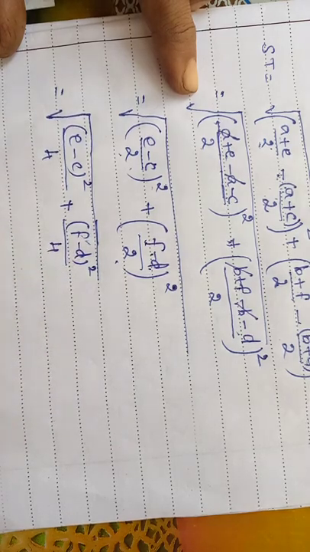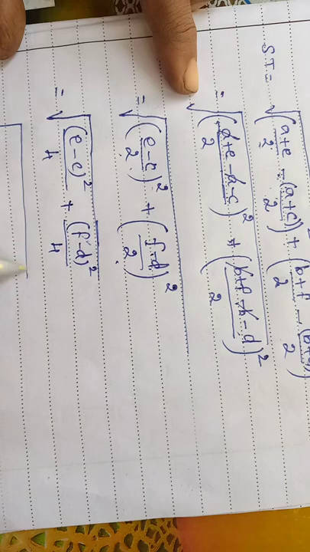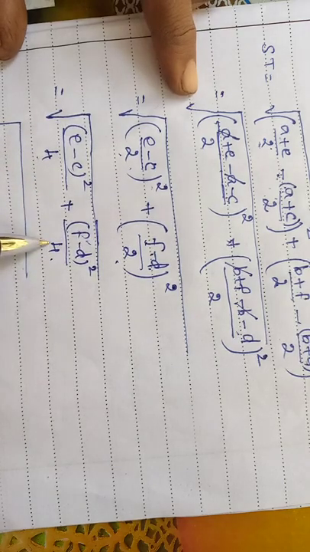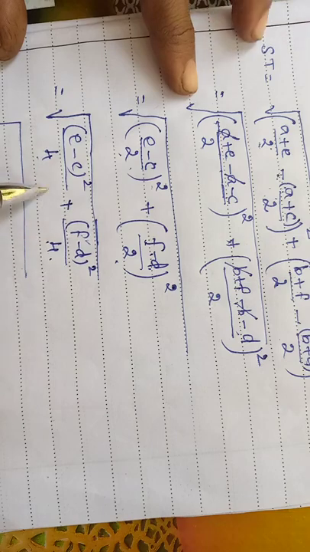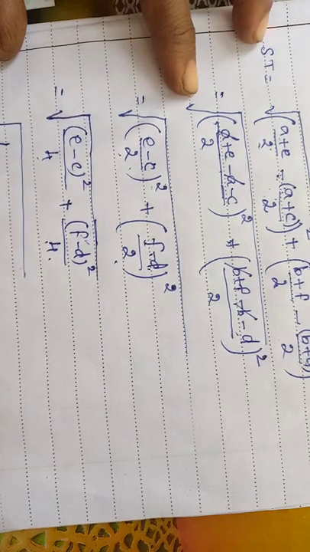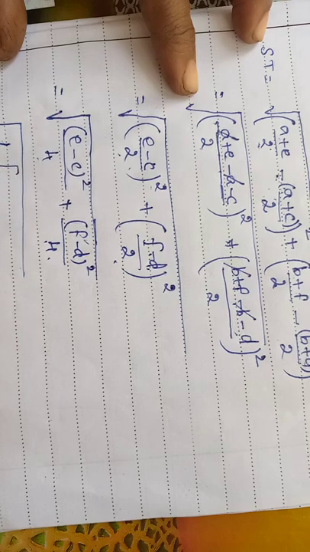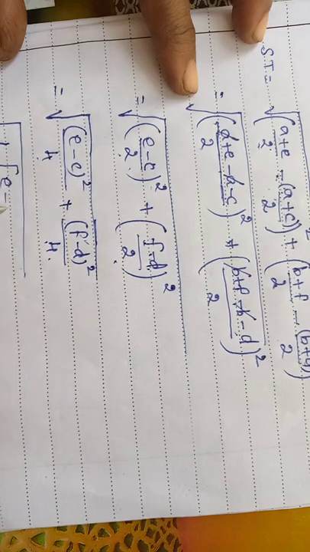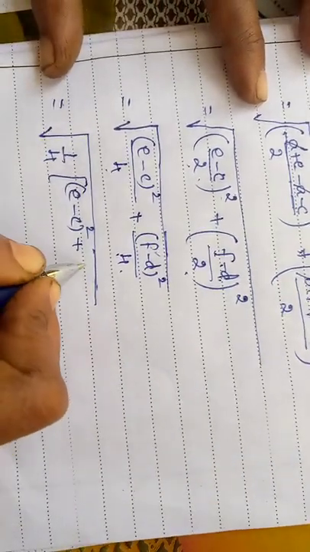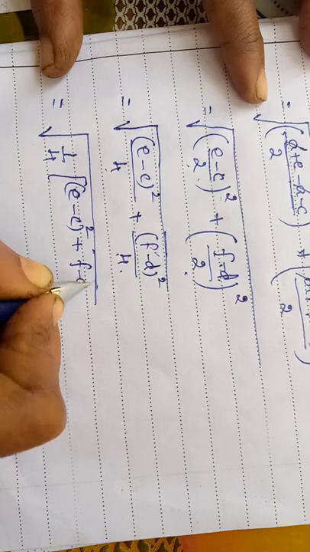That is equal to square root of, from both terms the denominator values are the same, so take it out commonly, that means 1 by 4 take out, remaining E minus C the whole square plus F minus D the whole square.